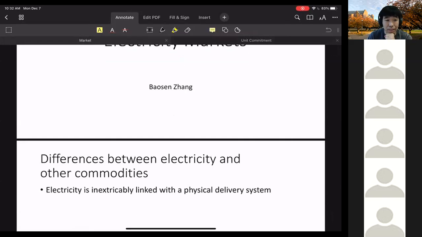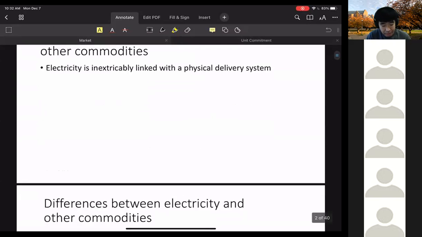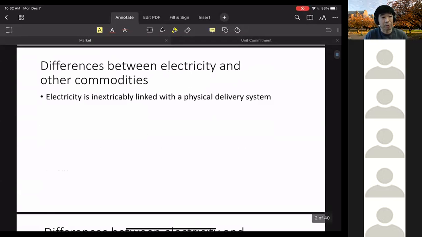It's quite different from other things we have in the world, and the reason is that the electricity market basically couples the physical delivery of power and the financial settlement together. It's sort of different than any other commodity market we have.